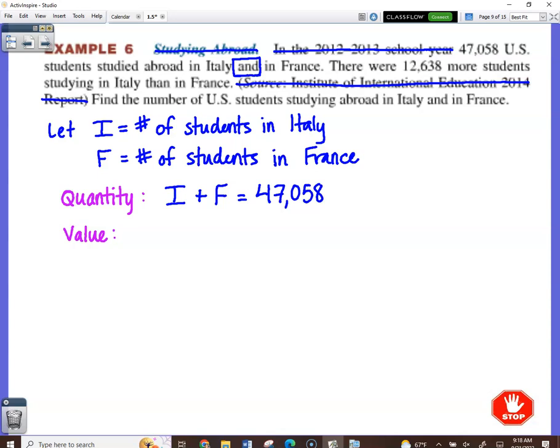So France needs to be added with a number. What number needs to be added to France to make them level? The 12,638. So Italy has more, France is off balance. We need to add the difference.